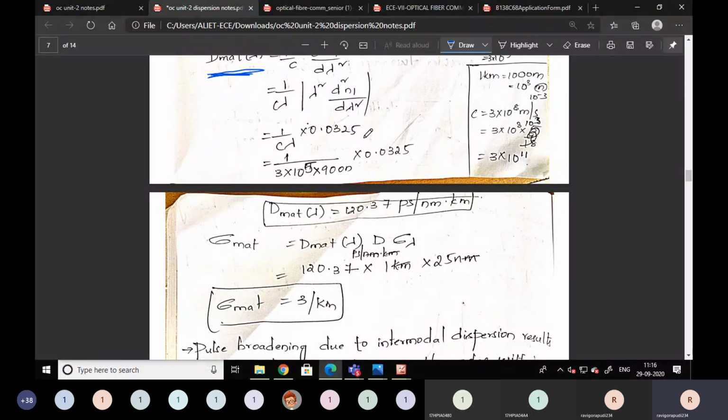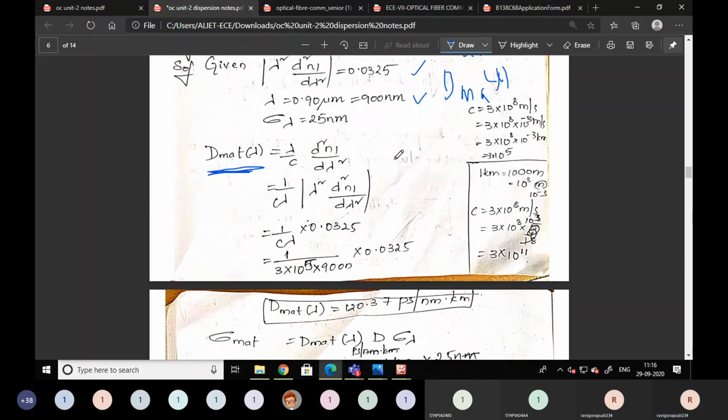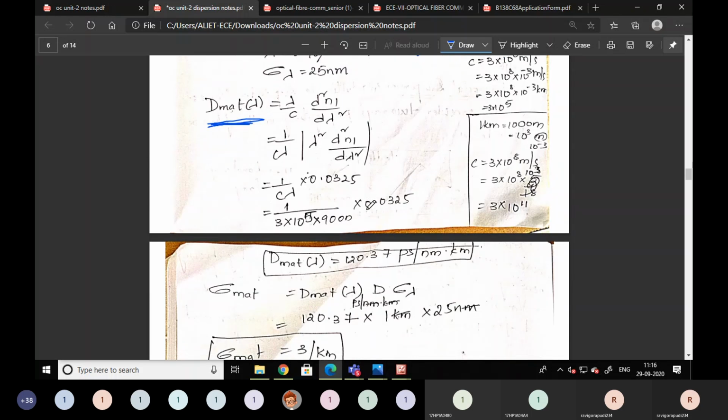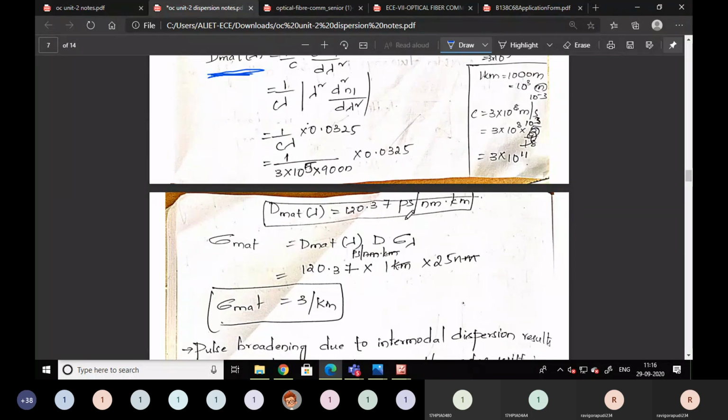We know the c value and the lambda value. Substitute those values: 3 into 10 power 8 into 900 nanometer. The dispersion parameter is in picoseconds per nanometer kilometer, and you will get maybe 120.37.